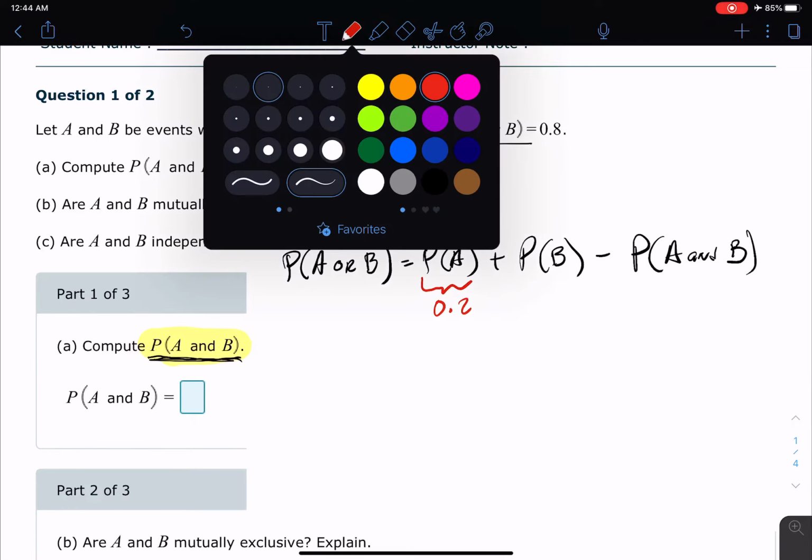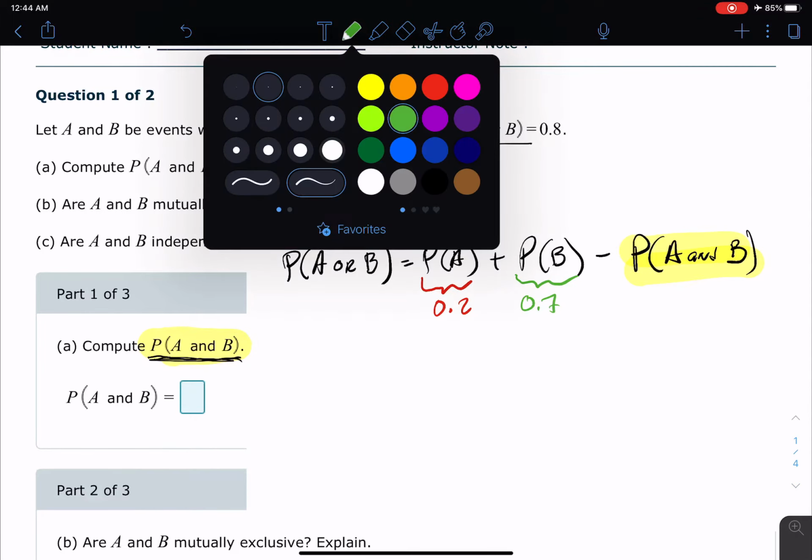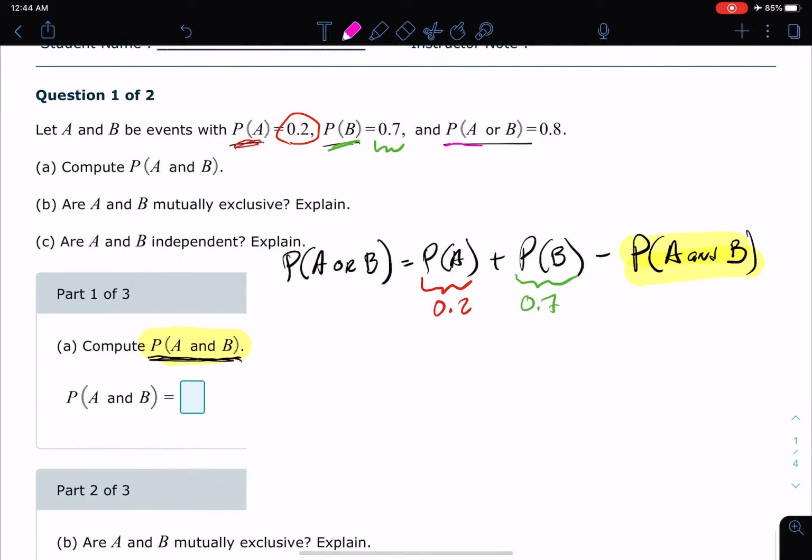And I also know P of B happens to be 0.7. I don't know the probability of A and B, because that's what I'm trying to find. But I do know the probability of A or B happens to be 0.8.